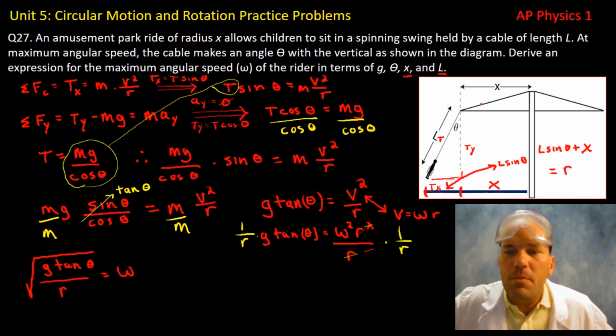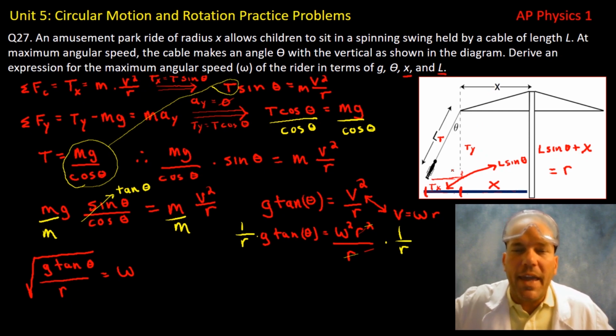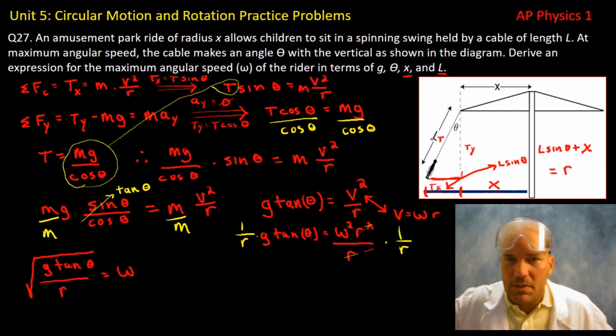We know that it is composed of two segments, x and this piece here, which is this horizontal component. We can find this quantity by taking L and multiplying it by sine theta. So remember, this is L, and we want this adjacent length, all right?